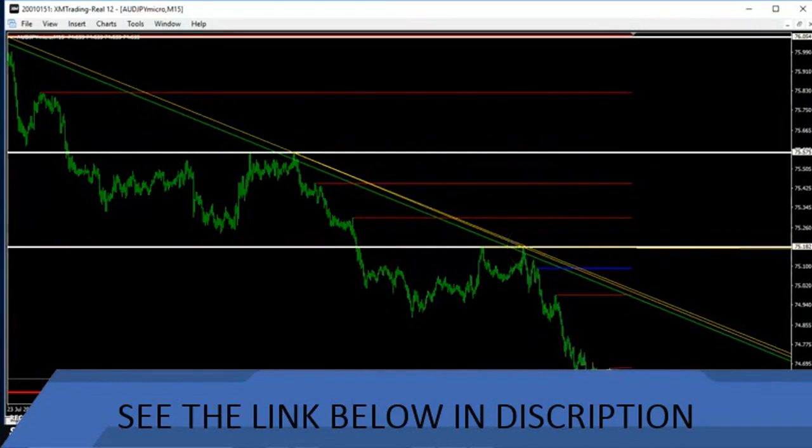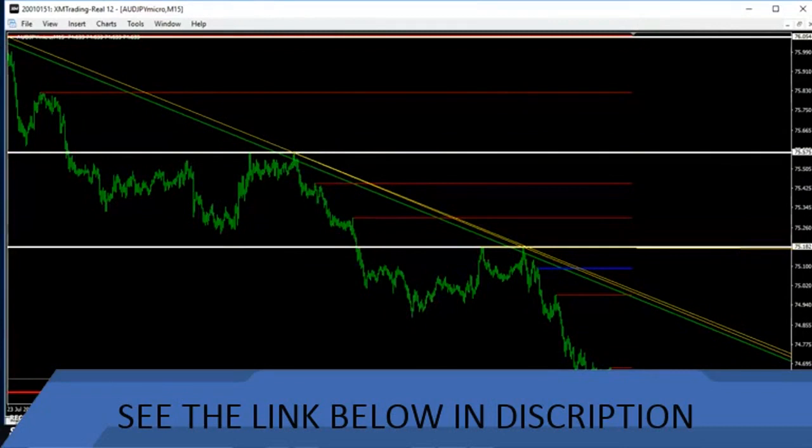Can you see price turning around from this zone? Retest, touch, break, retest, touch, and then boom, 100 pips. See, price was coming.